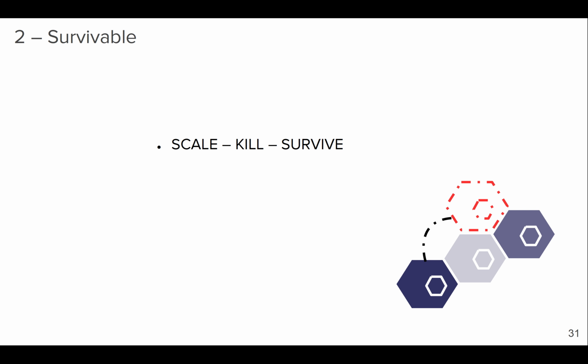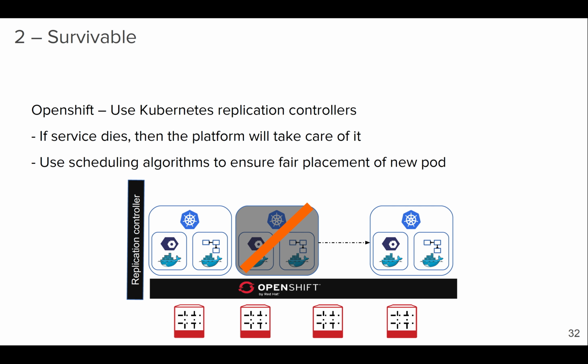Now, survivable: you can scale, kill, and survive. That means if a version upgrade happens, you can just get rid of the older container representation and go to a newer container representation. It also helps you in terms of high availability. If one of the nodes goes down, another node can come up easily.